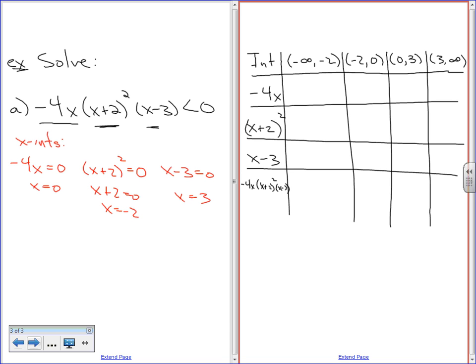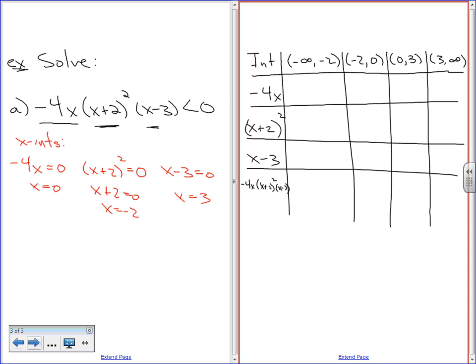Okay, so now we're going to fill out this interval chart by doing some mental math. I don't care what the answer is. I only care whether the answer is positive or negative. So if I take a number in this interval, what would a number be between negative infinity and negative 2? Julie: a number between, negative 7.